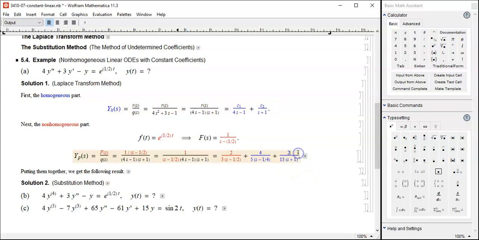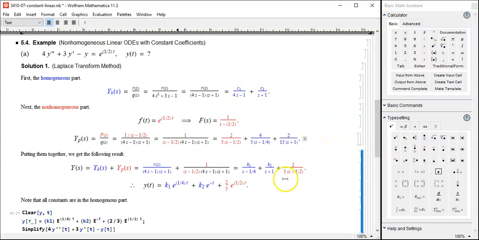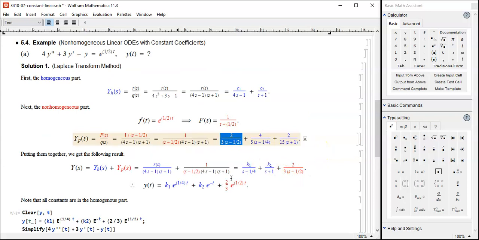So that's the homogeneous parts, so I don't really have to worry too much about those. And then let's just do the red part and take the Laplace inversion. So this red part becomes 2/3 e to the 1/2 power of t. That's my yp. And the previous two gave me the homogeneous part.